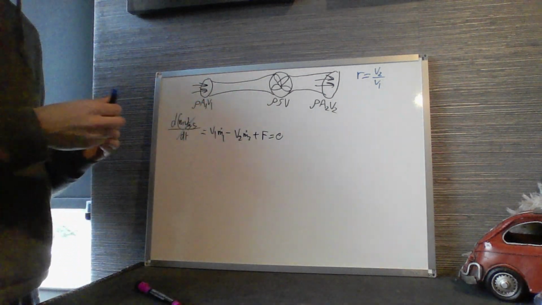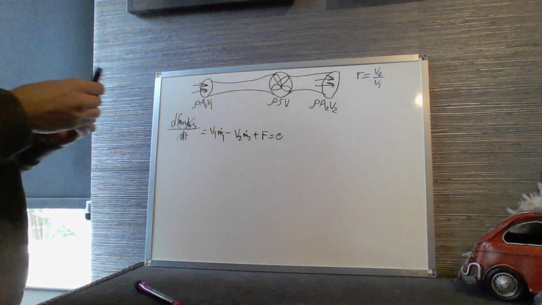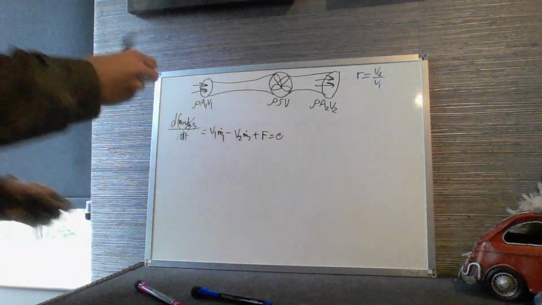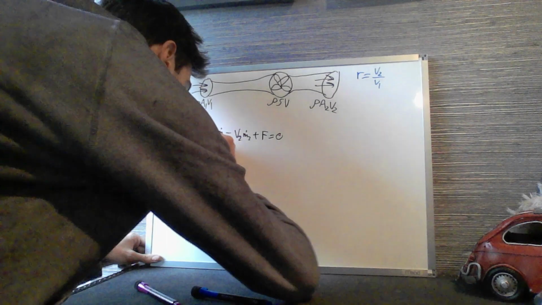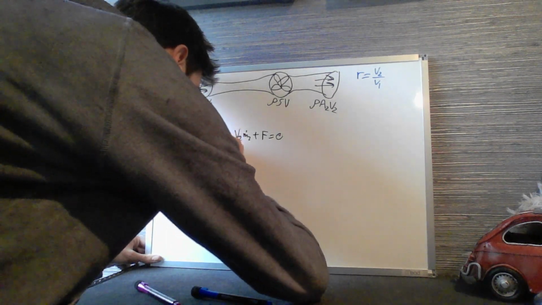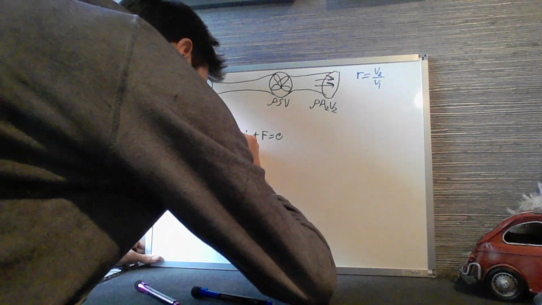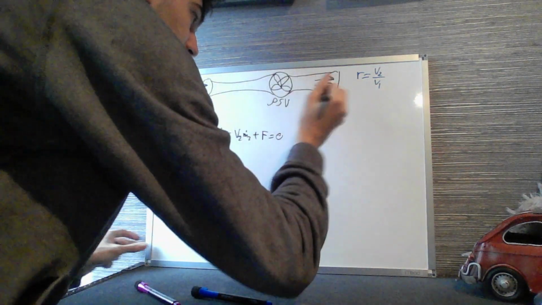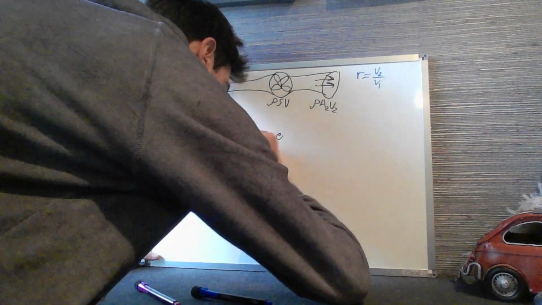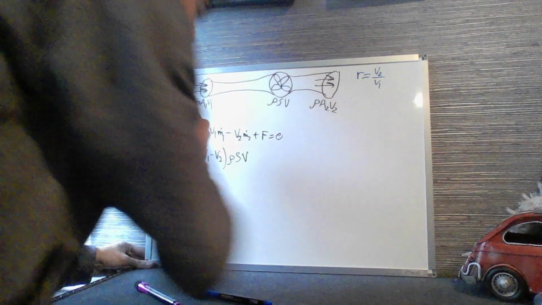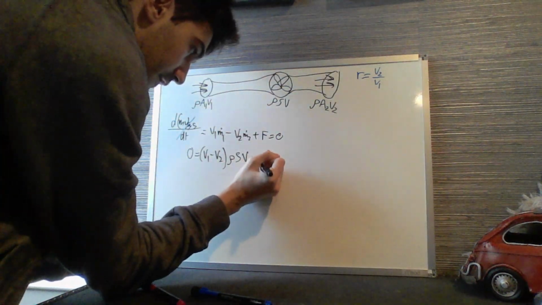So we can go ahead and plug that in for our m's. So we have 0 is equal to V1 minus V2, in parentheses, multiplied by rho S V, and then plus F, the force.